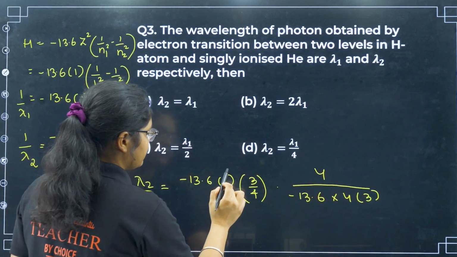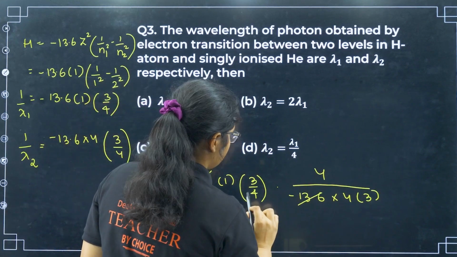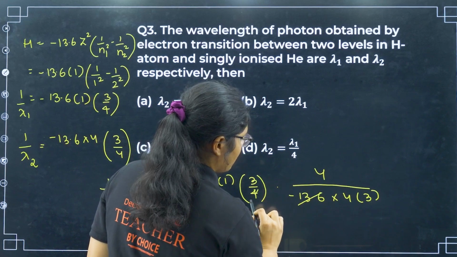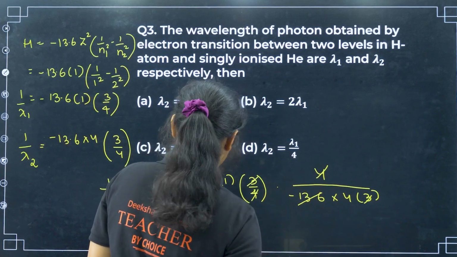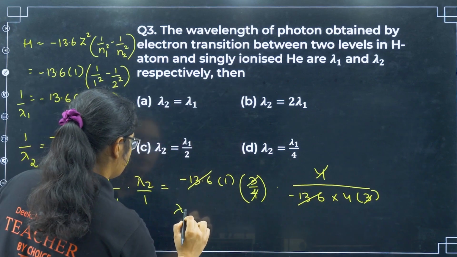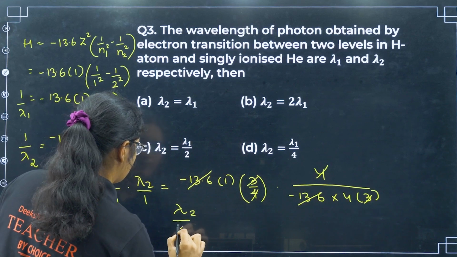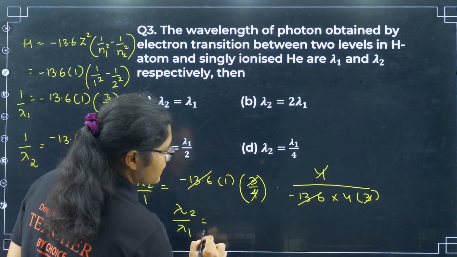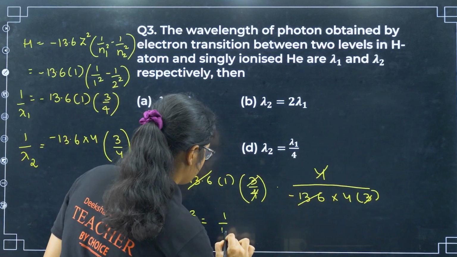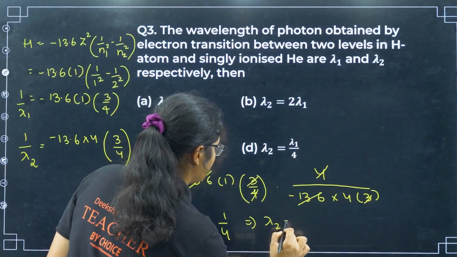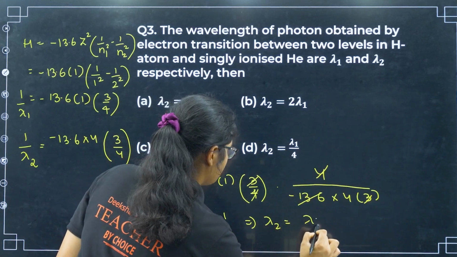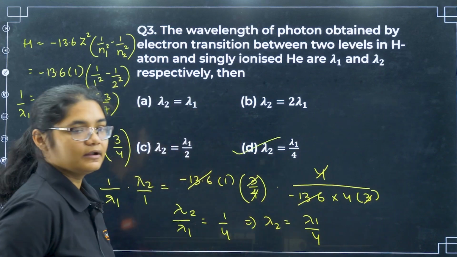Okay, so now I can just cancel the minus 13.6, then 4, 4, 3, 3. So what I will get, lambda 2 by lambda 1 is equal to 1 by 4, or I can write down lambda 2 is equal to lambda 1 by 4, which is option number D here.